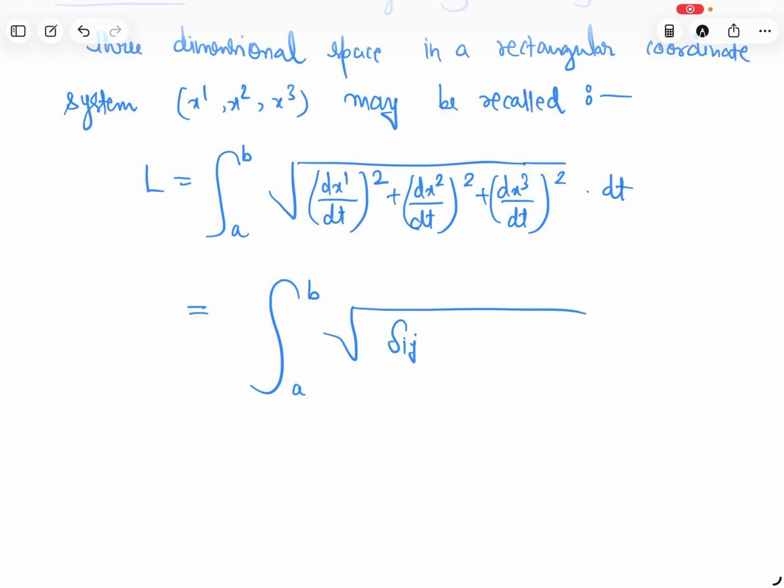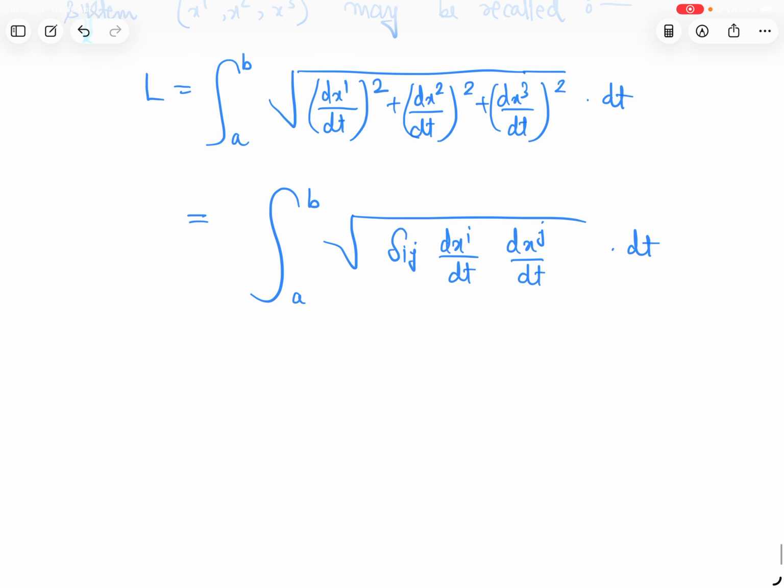With the Kronecker delta function I can write delta ij dxi/dt dxj/dt, and outside dt. This is in Einstein summation. The Kronecker delta function is there. Please note up to this, where gij becomes what? Delta ij. In the earlier definition of length, here gij is delta ij.